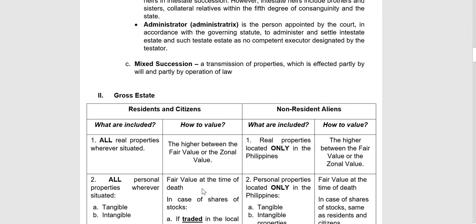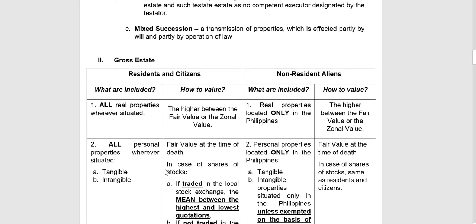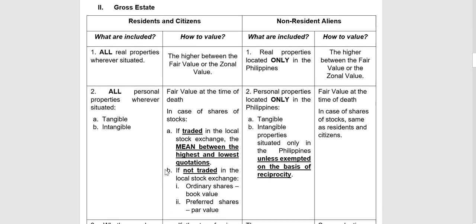Next, we have personal properties, wherever situated. So may it be tangible or intangible. Okay? So if RC and NRC, again, taxable sila within and without, so wherever situated, included sa gross estate. However, for NRA, taxable lang sila from the property located only in the Philippines.